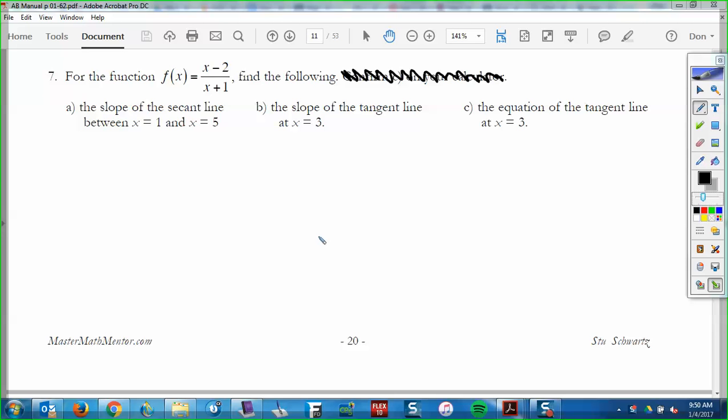Okay, the slope of the tangent line. I forget. We have to pick a really small slope. But no calculator. You don't have to create your own.